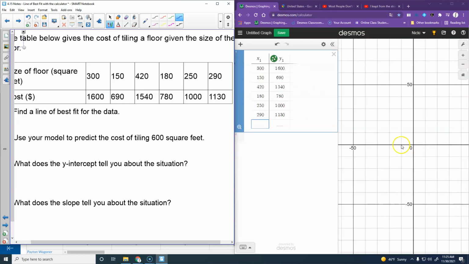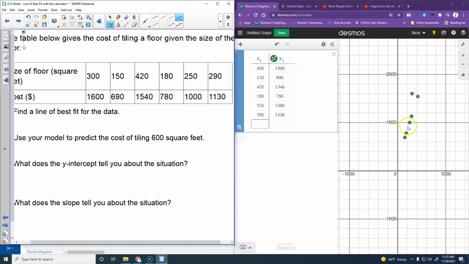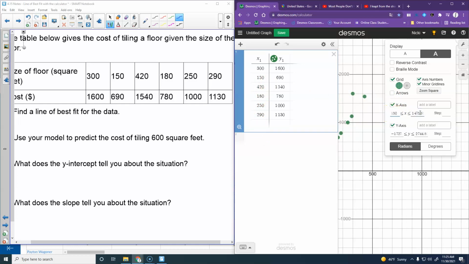Especially on this one, if you zoom out enough to be able to see it, you're really going to have a really bunched up group of points here. So, if we hit the wrench, for our X, what's our lowest X? 150? So, right here, we're going to type in 150.